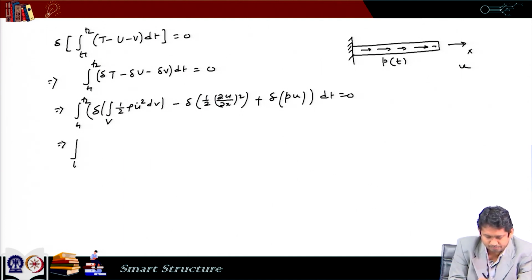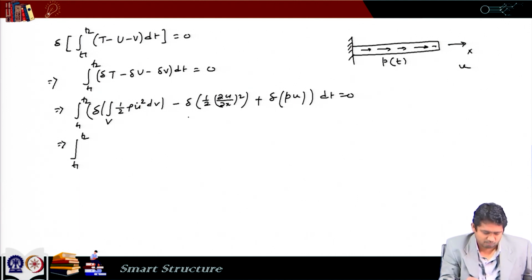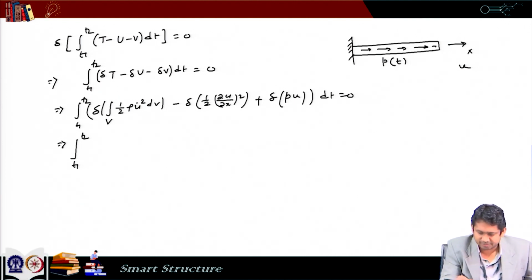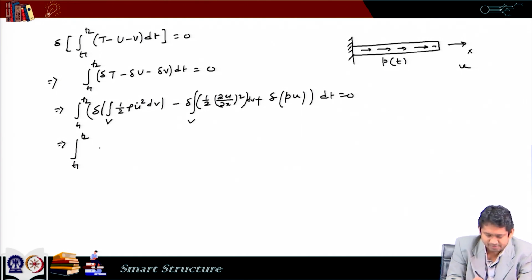Now, we have to put the volume integral here. So, it is dV.